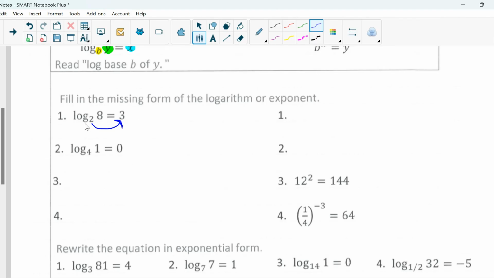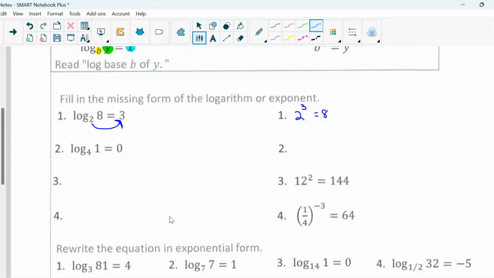I think of it as the Amazon logo because it looks like that arrow smiley face, but other people call it the wheel method as well. So we could rewrite this as 2 to the third power equals 8. So that's how you go from a logarithm to an exponent.